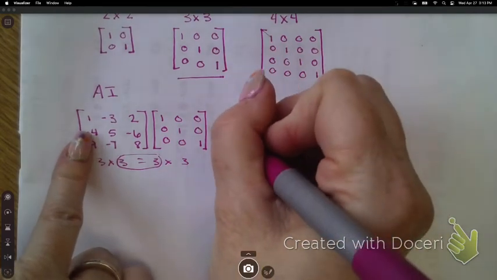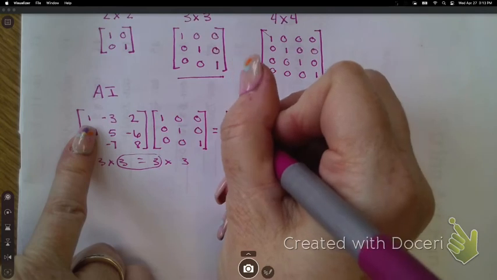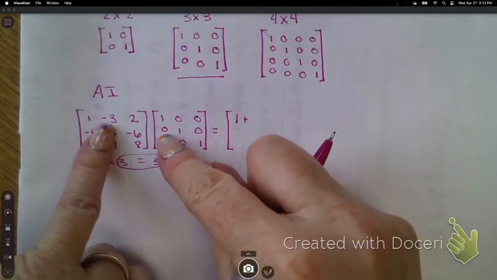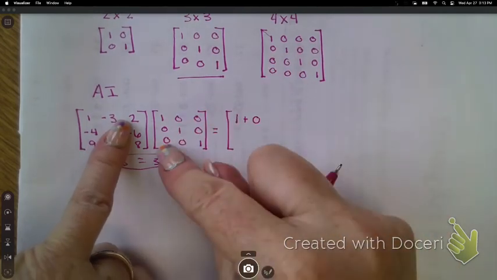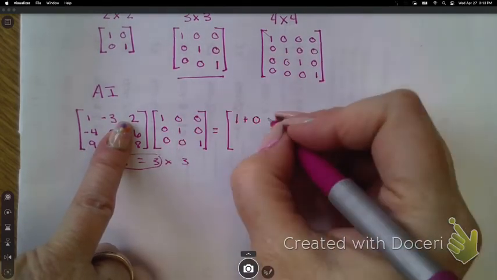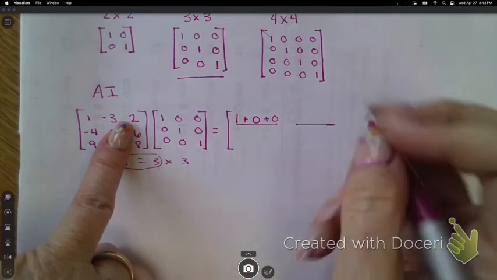Carly, put your head up. Okay, so 1 times 1 is 1, plus -3 times 0 is 0, plus 2 times 0 is 0. So that's one term. Next term.